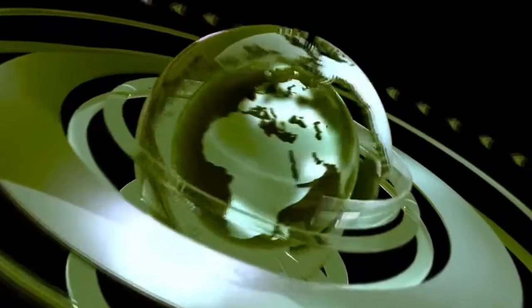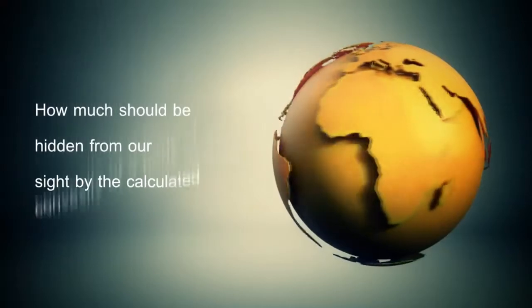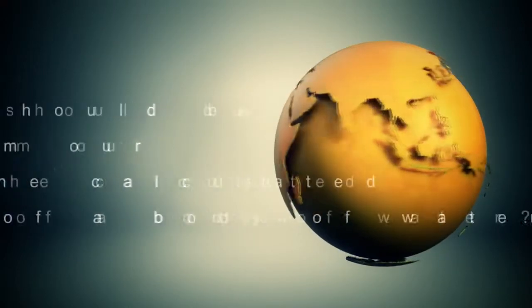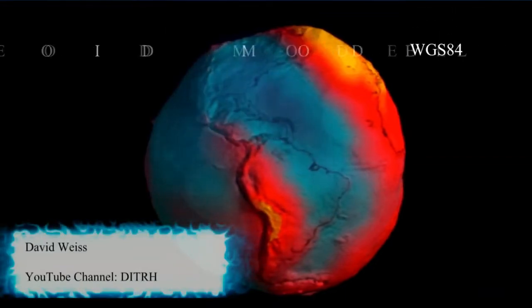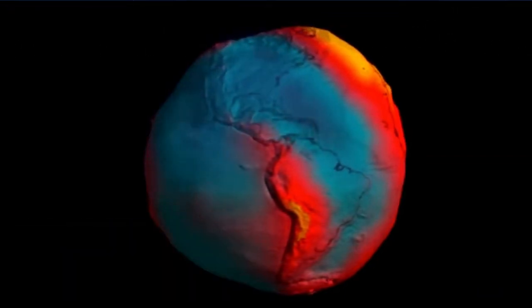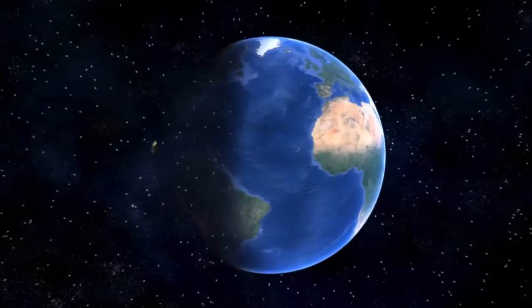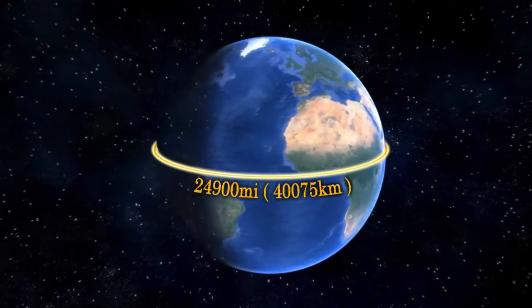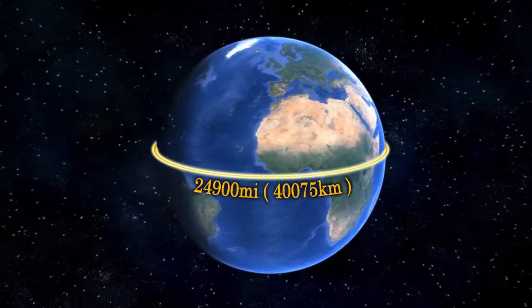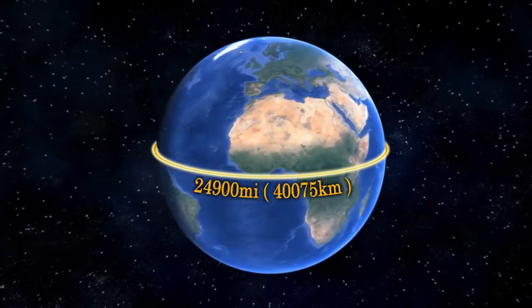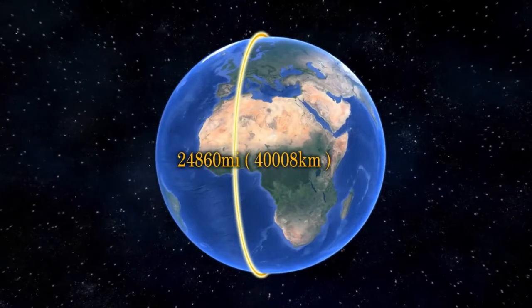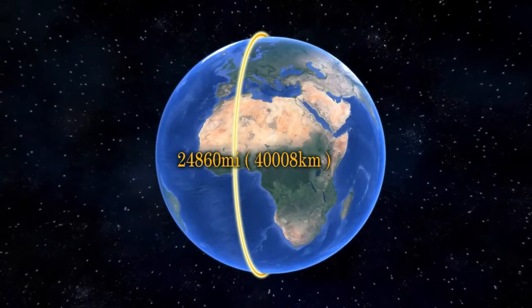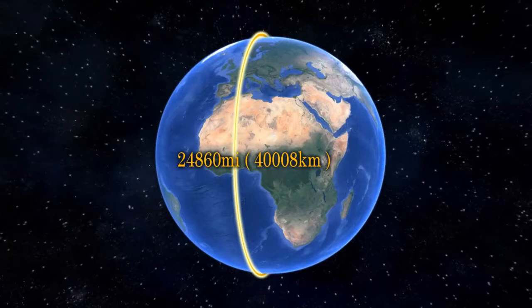Let's take a minute to demonstrate the factors in measuring the geoid model. How much should be hidden from our sight by the calculated convexity of a body of water? The geoid model, or WGS-84 mathematical construct, states the Earth is an oblate spheroid 24,900 miles or 40,075 kilometers in circumference at the equator, and 24,860 miles or 40,008 kilometers circumference over the poles.